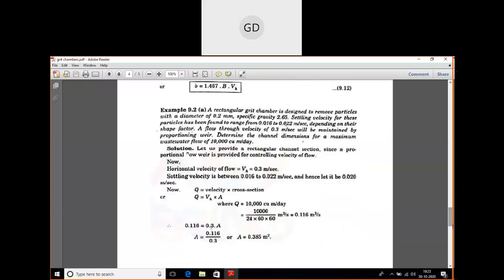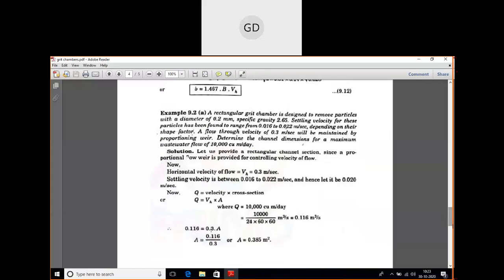You see the question, it is written here. A rectangular grit chamber is designed to remove particles with a diameter of 0.2 millimeter, and a specific gravity of 2.65.